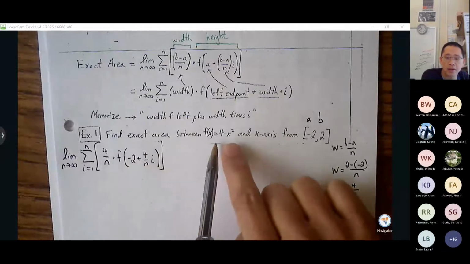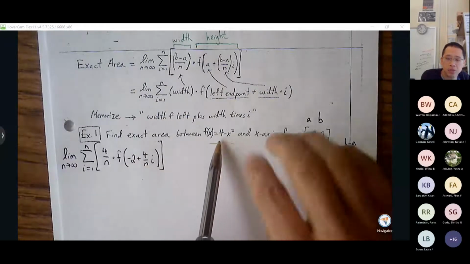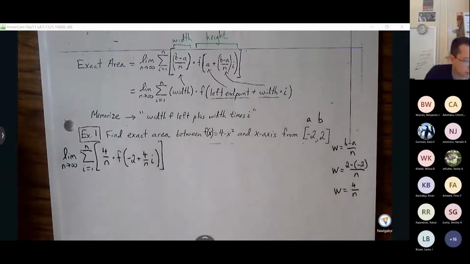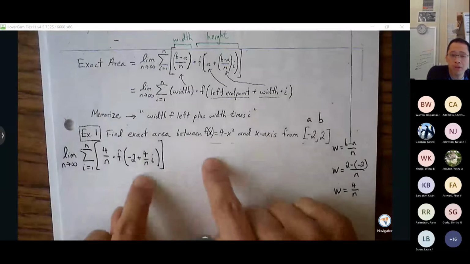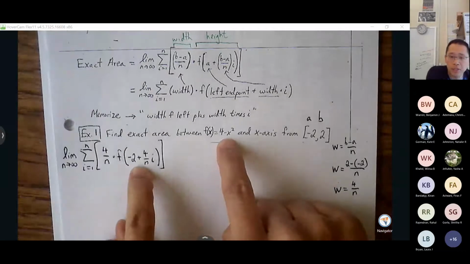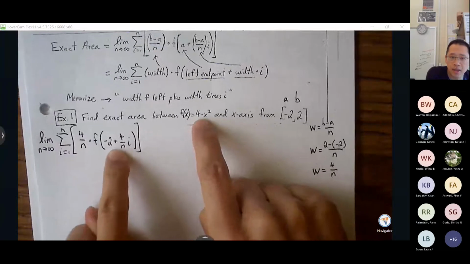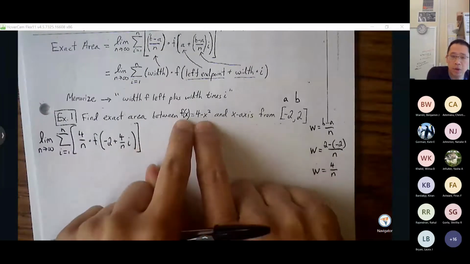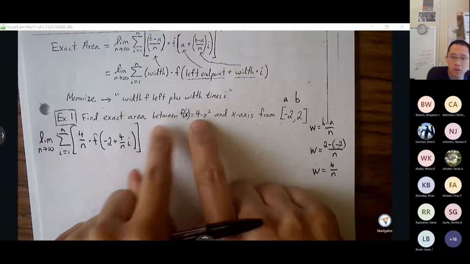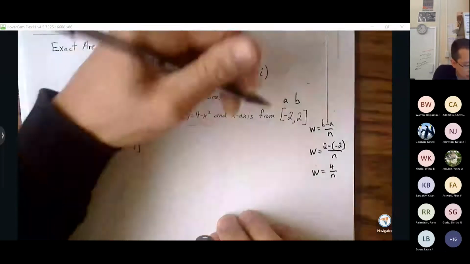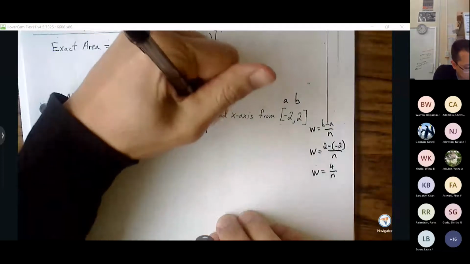So we have to rely on this function, this 4 minus x squared, which is going to tell us the heights at every point that we need. Okay. But we have to somehow involve the argument into this function. And this is where I think students get stuck, not knowing exactly where that argument goes. So I'm going to help us kind of bridge that gap so we know exactly how to involve this with this function. So if you guys can write this down here, here's the function.